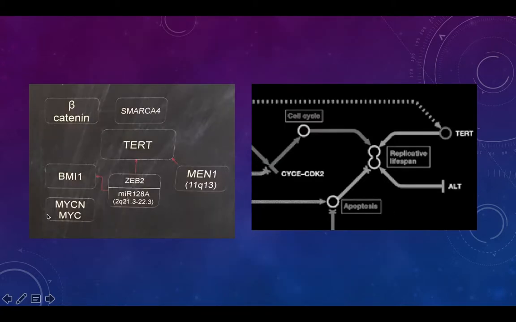And he postulated the interrelation between all these systems: that microRNA 128 is normally a downregulator of TERT, and when TERT is upregulated it acts via upregulating SMARCA4, which is incidentally also associated with atypical teratoid rhabdoid tumors, ATRTs, in the brain, and which feeds into the Wnt beta-catenin pathway.